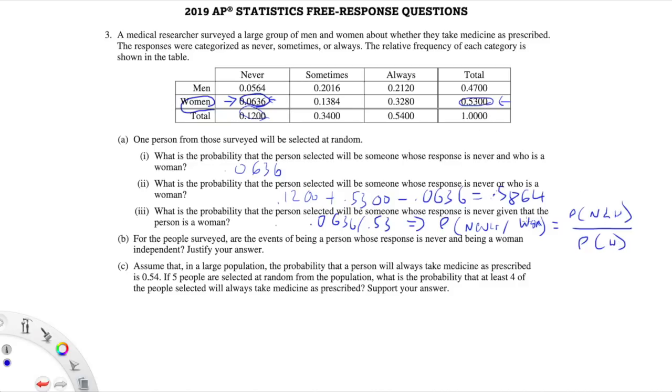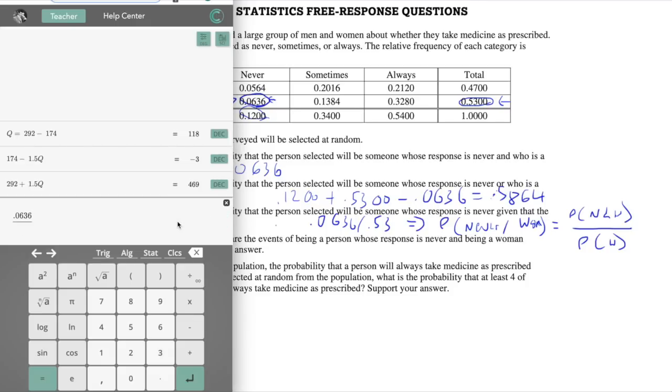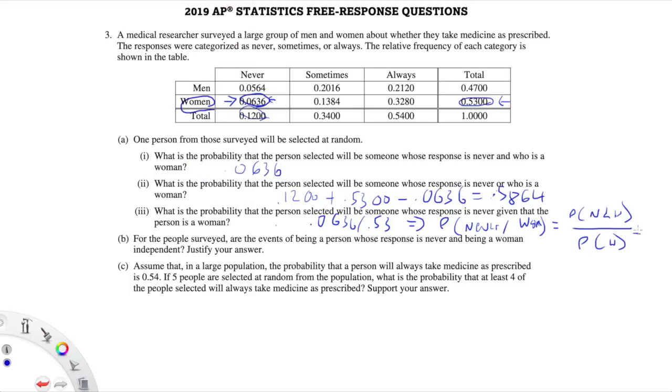That's going to give us, let's check that real quick, 0.0636 over 0.53. Correct answer of 0.12. Sorry, we're getting off to the side over here.